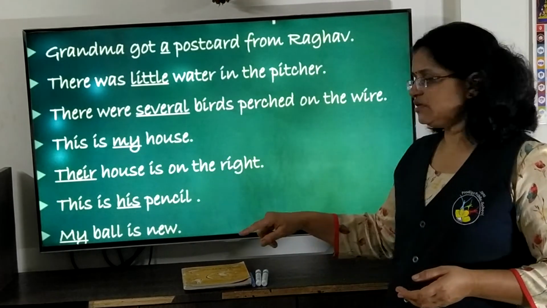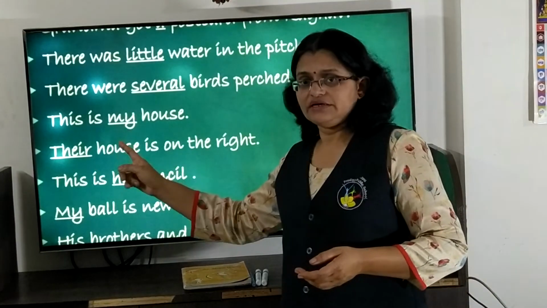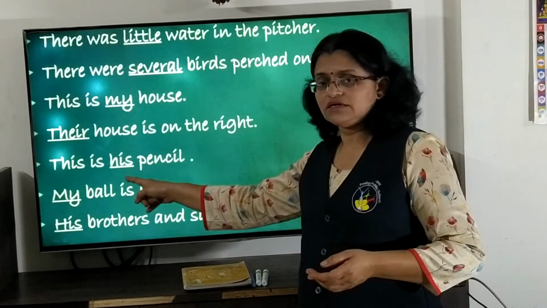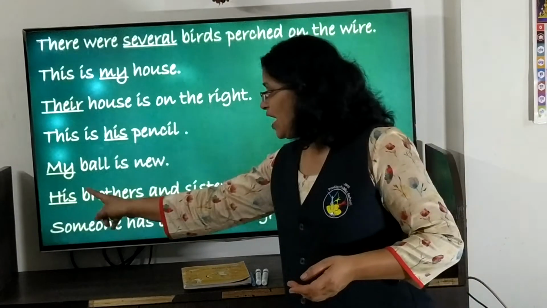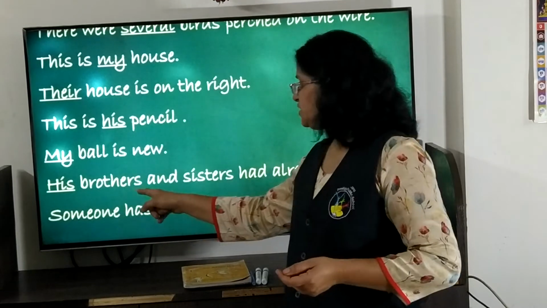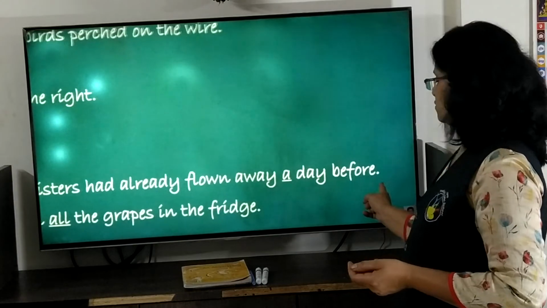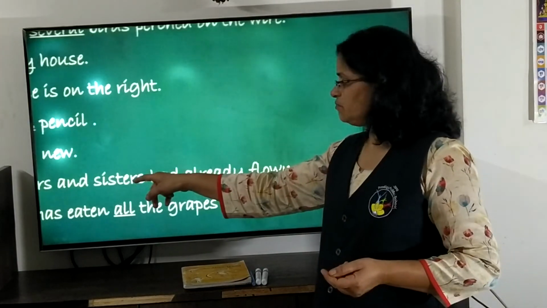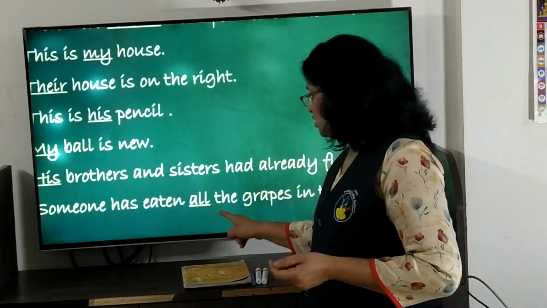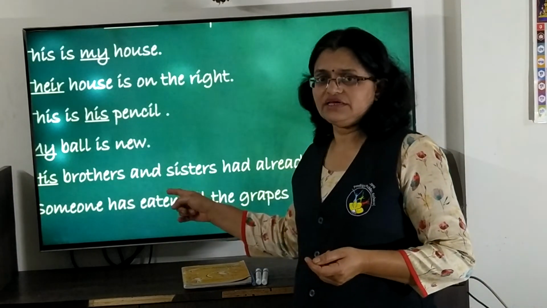My, determiner. Their house is on the right. Their, determiner. This is his pencil. His, determiner. My ball is new. My, determiner. His brothers and sisters had already flown away a day before. So his is a determiner. Someone has eaten all the grapes in the fridge. All here again is a determiner.